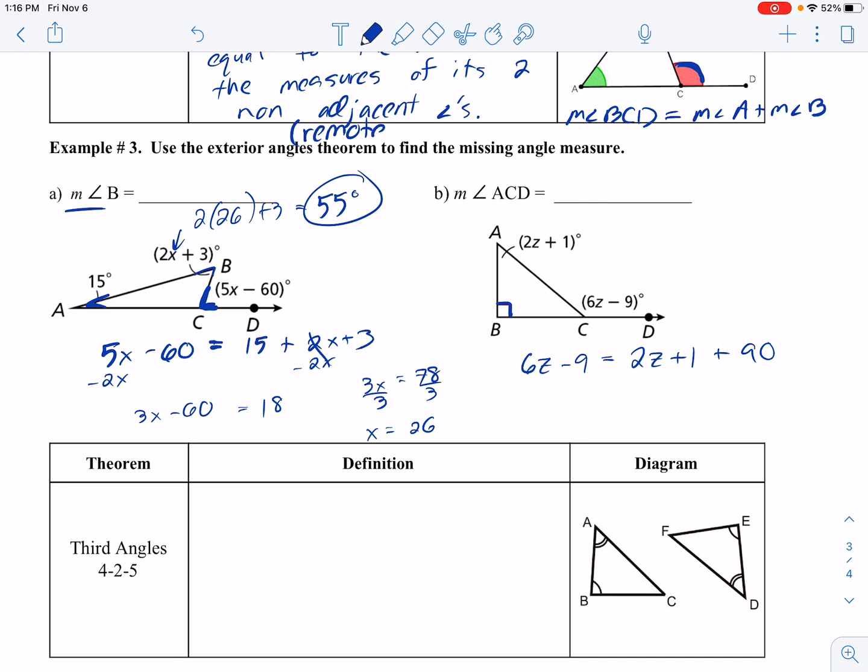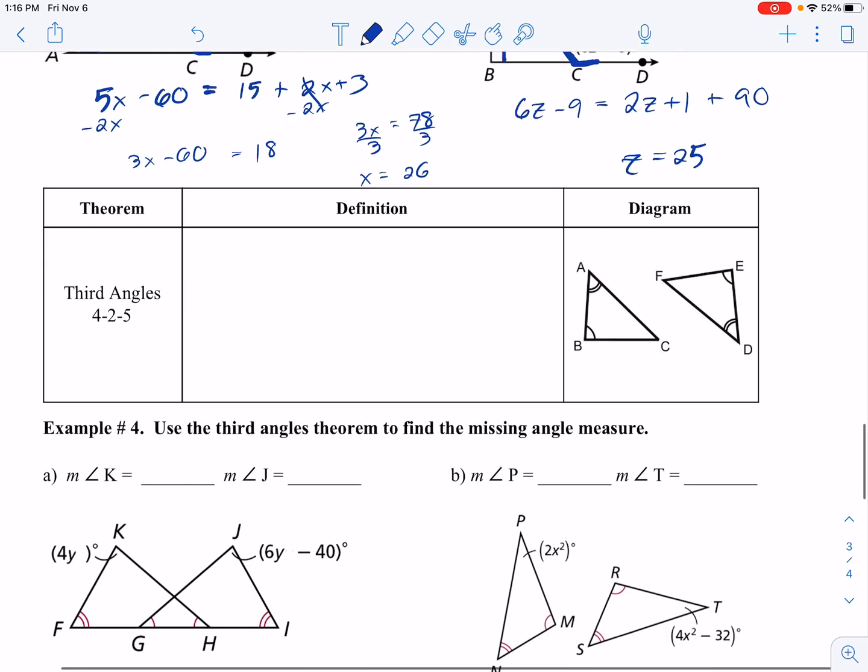Should make note of that up here. You would have solved for z and gotten 25. When we plug z back in for angle ACD, that was the exterior angle, you would get 141 degrees.